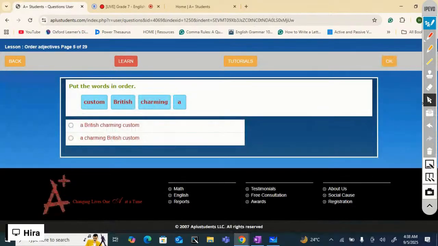Custom, British, charming. Which one is correct? A British charming custom or a charming British custom?